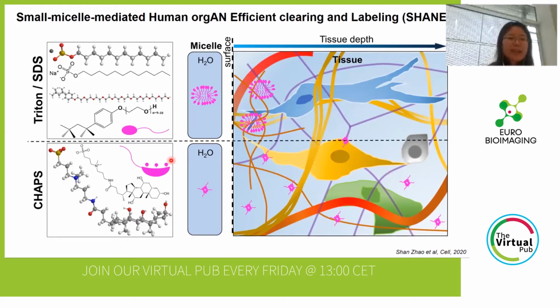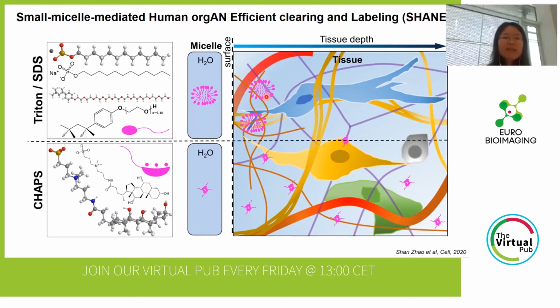And we can see that Triton or SDS have the typical head to tail structure, where one end is hydrophobic and one end is hydrophilic. And when dissolved into the water, this will lead to the formation of very large micelles. And when we put the tissue inside of the detergent solution, the micelles will get stuck on the surface of the tissue and cannot get inside of the tissue.